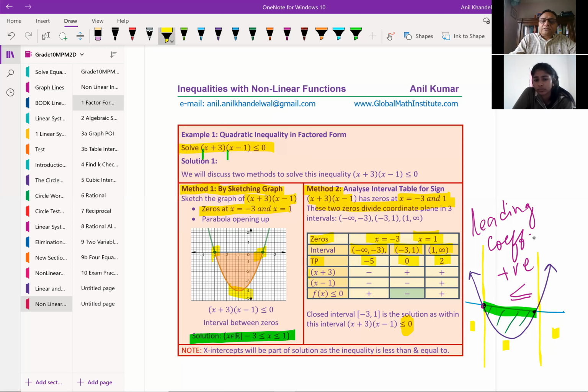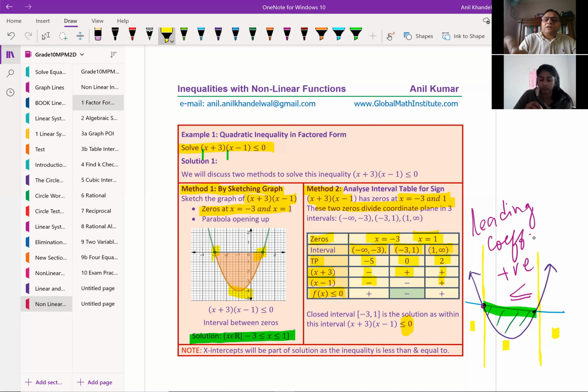So the two factors involved here are x plus 3 and x minus 1. And for all three regions, we have the signs written in the table itself as shown here. Perfect. The inequality we're looking into is the product of these two factors less than or equal to 0. When you multiply two negative signs, you get positive. And when there is an odd number of negative signs multiplied, you get negative.